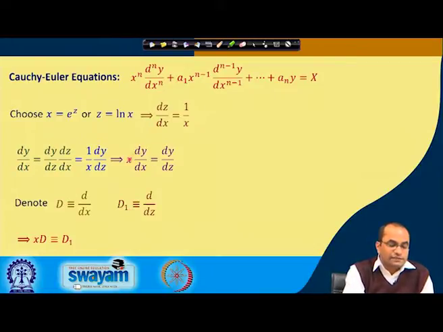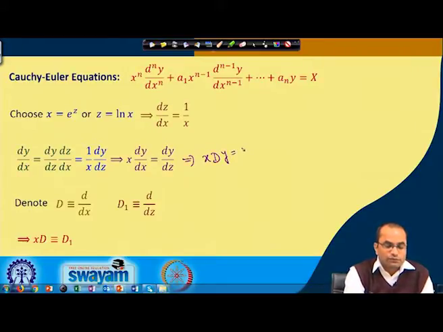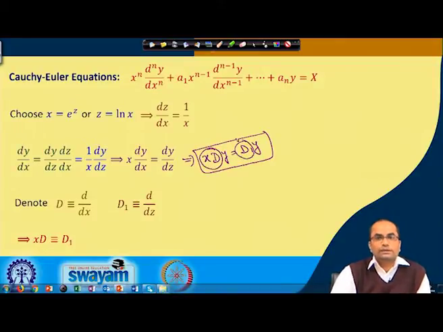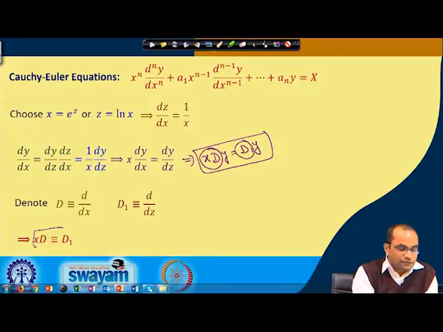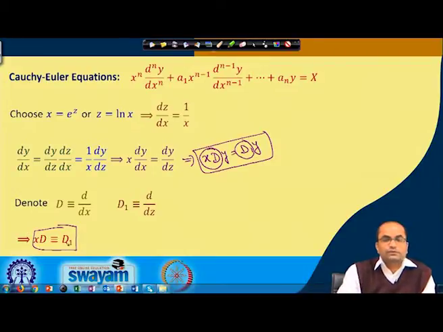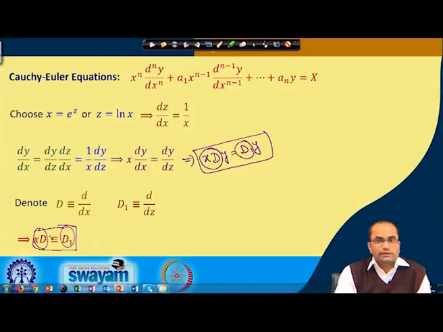In that case, x D operated on y is equal to D1 operated on y. So, from this equation we realize that the x D operator is equivalent to the D1 operator, that is, x D is equivalent to D1. So, whether we operate x D or we operate D1, both are the same.